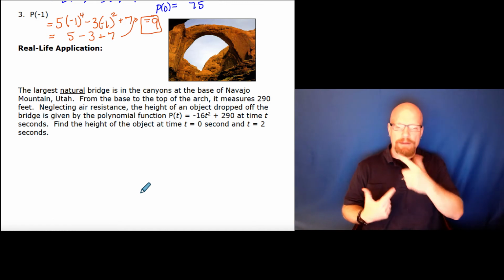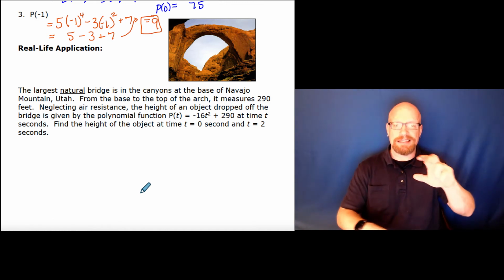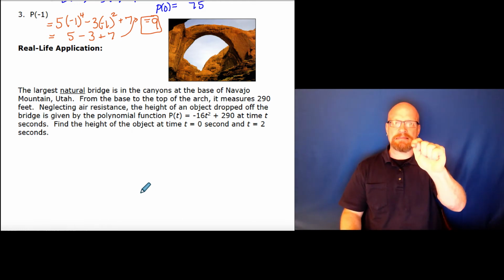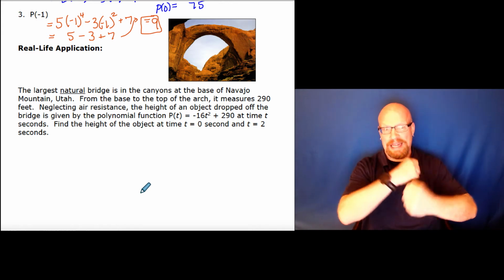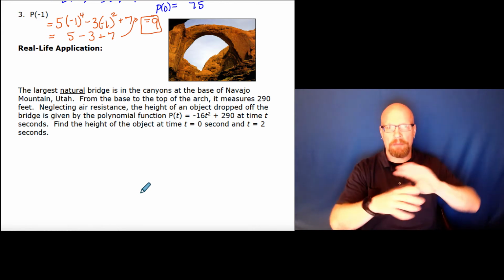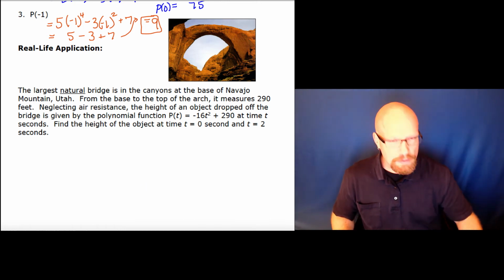Now we have a real-life application. This is the largest natural bridge, not man-made. It was made through years of erosion from water or whatever, and it became this bridge you see here in the picture.